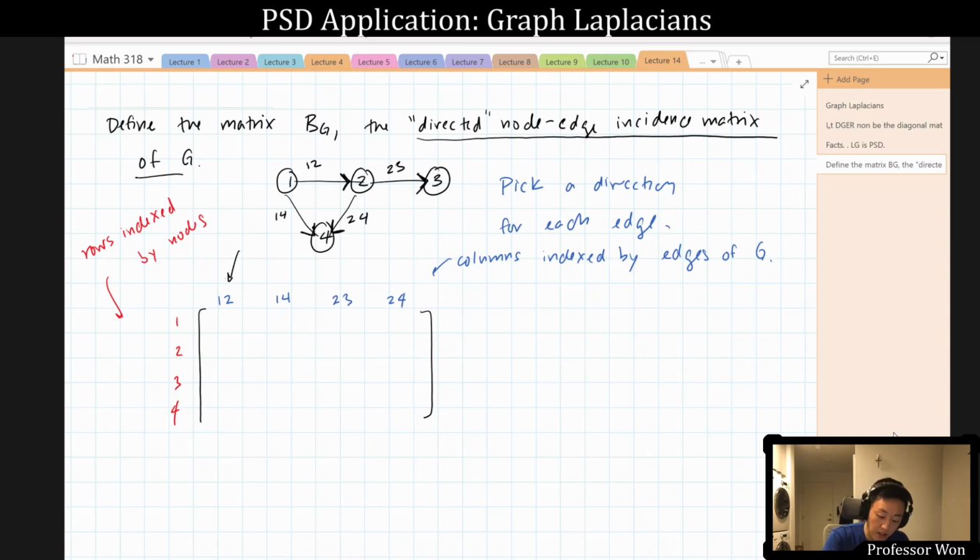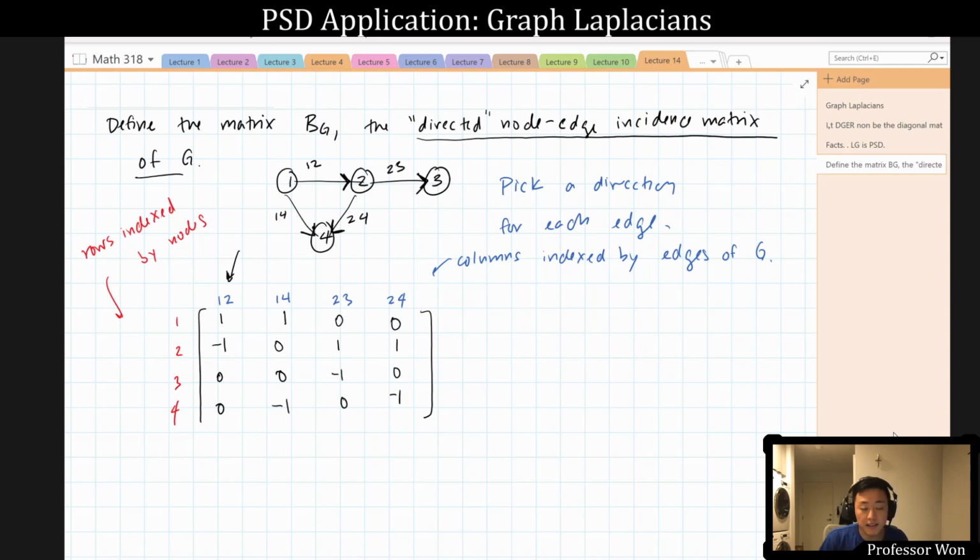So this edge is the edge 1, 2. It starts at 1 and ends at 2, and it has nothing to do with 3 and 4. This edge 1, 4 starts at 1 and ends at 4. This edge 2, 3 starts at 2 and ends at 3. This edge 2, 4 starts at 2 and ends at 4.